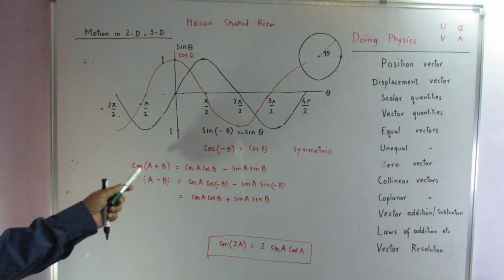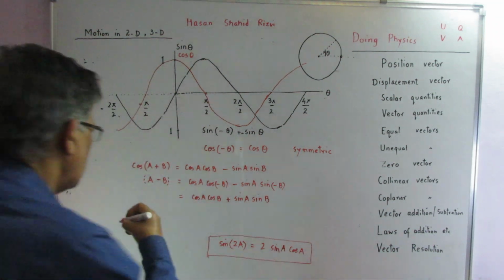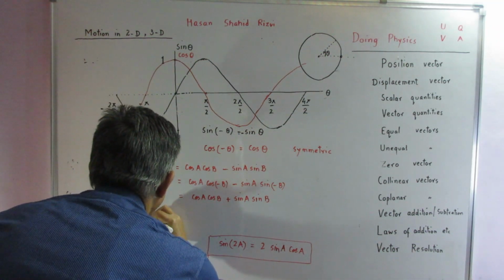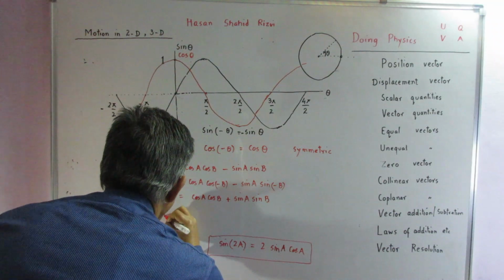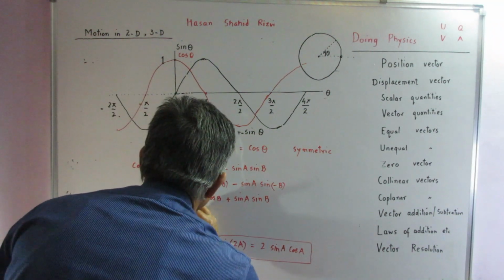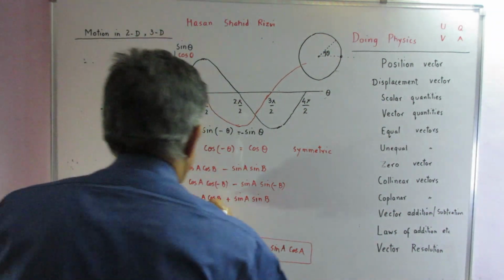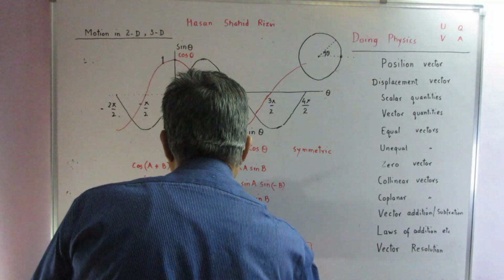And if I put in this relation B is equal to A, then I get cos of A plus A, which is equal to cos of 2A.